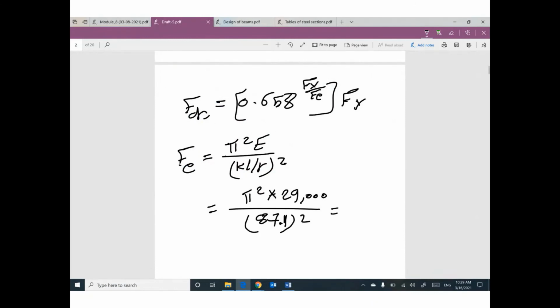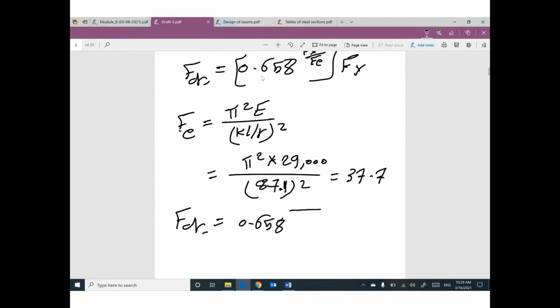So I can figure out the value of Fe: pi square times 29,000 divide 87.1 square. This value will be 37.7. Go ahead and find F critical.